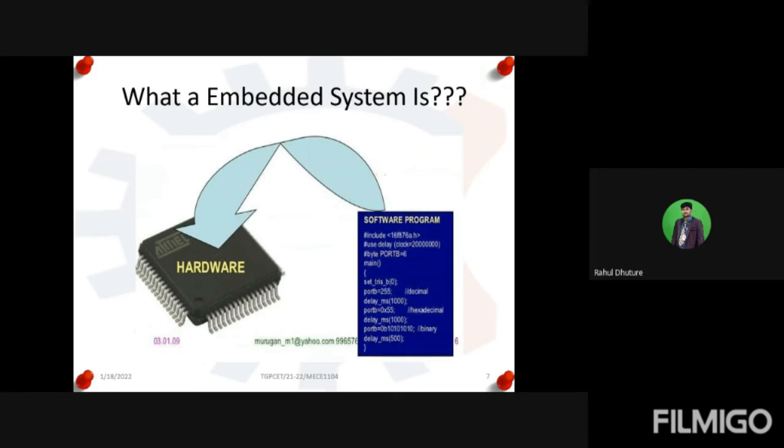Due to that hex extension, we can perform the different tasks, because the microcontroller requires the hex format. So in the embedded system we can use C programming or assembly language. So this is a little bit of information about the hardware as well as the software.